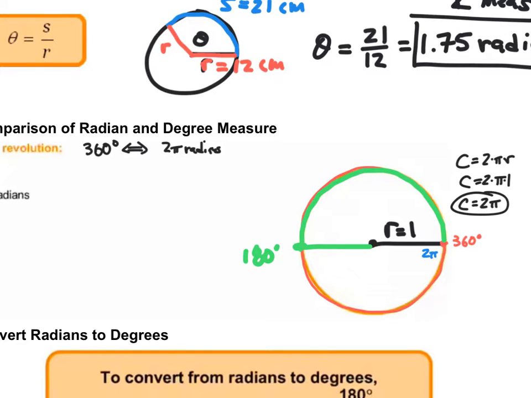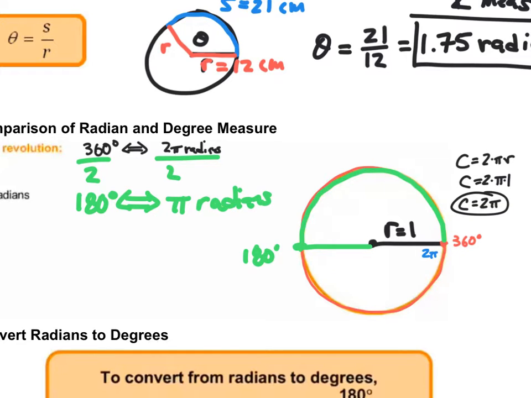What I'm doing here is taking 360 and dividing that by 2. And if I took 2 pi and divided that by 2, then we get that 180 degrees is the same thing as saying pi radians.